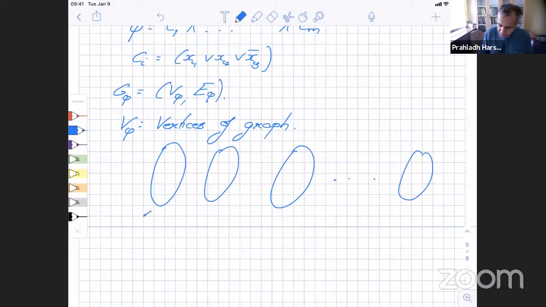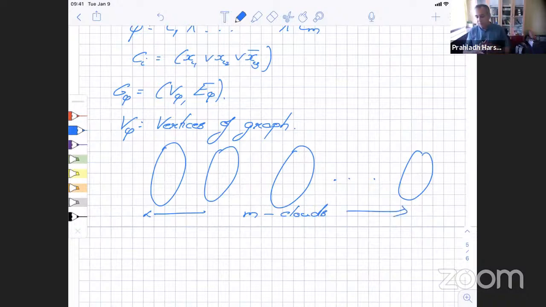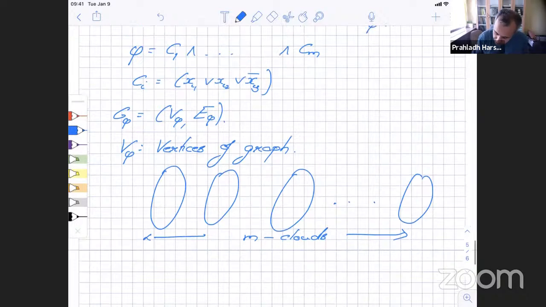The vertex set will be partitioned into m parts, or clouds. Each part will correspond to a clause in some sense. And how many vertices will be in each cloud? Each cloud is going to have 7 vertices. So the size of V phi is going to be 7 times m.